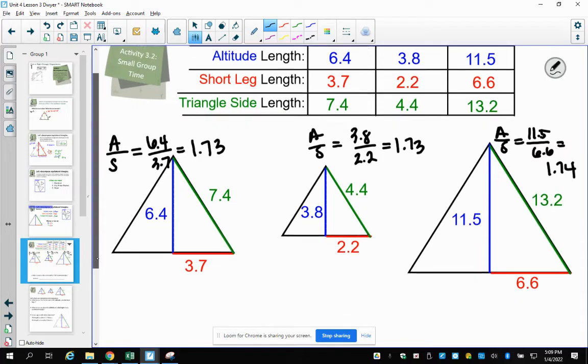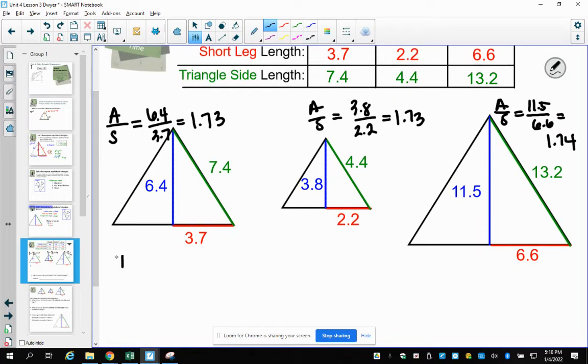Then let's look at the triangle side divided by that short leg, green divided by red. So 7.4 divided by 3.7, and I'm getting 2 for that.